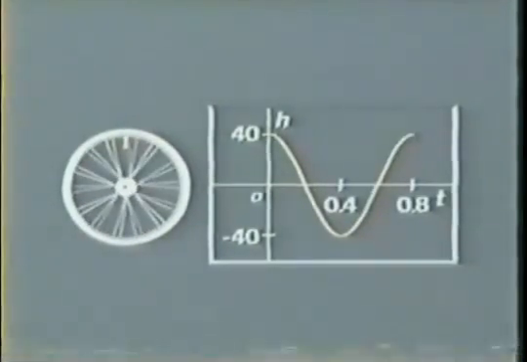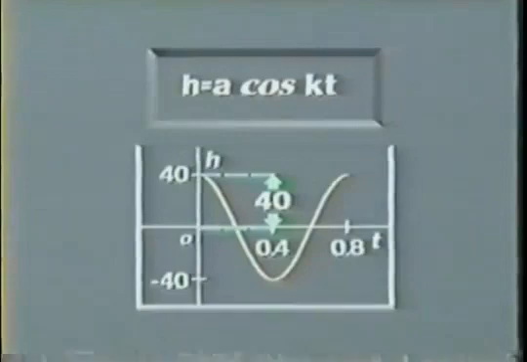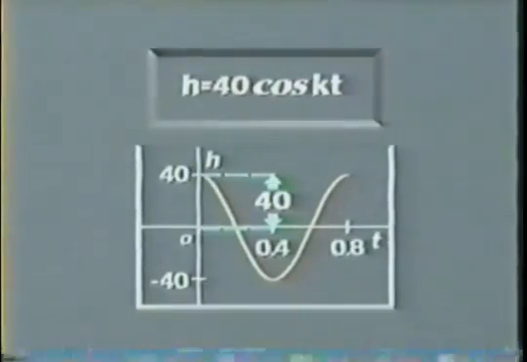It's a cosine function. But instead of y equals a cos kx, we'll use h equals a cos kt, because we're using height instead of y and time instead of x. The amplitude is 40.